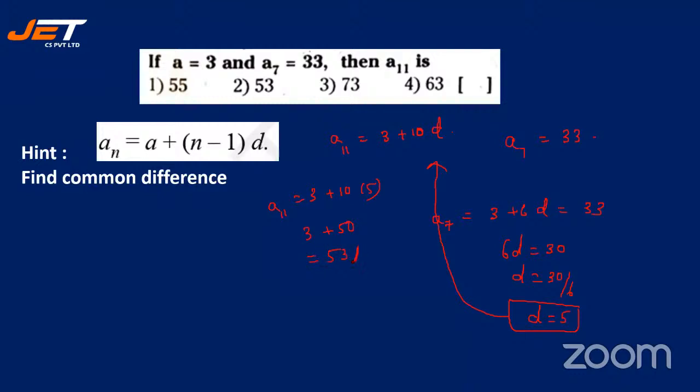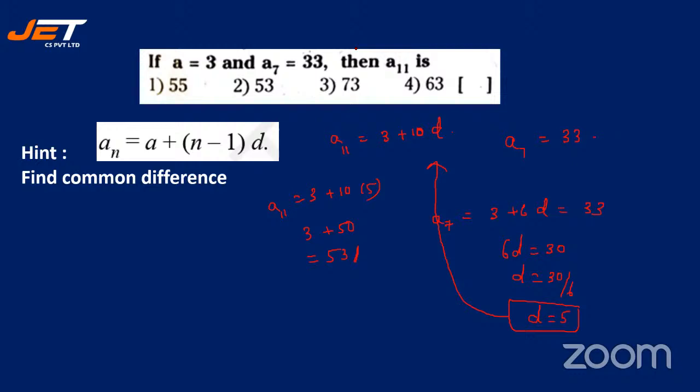All right, so now let me see the chat box. How many of you have given the right answer as 53? Yes, Vaishali, Nikita, Chetan. Good that you have given me the right answer.